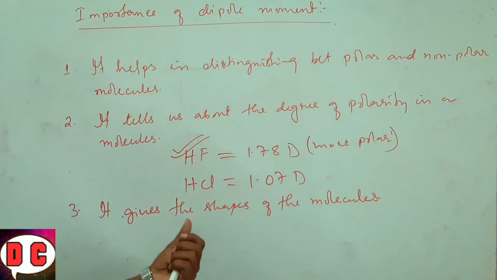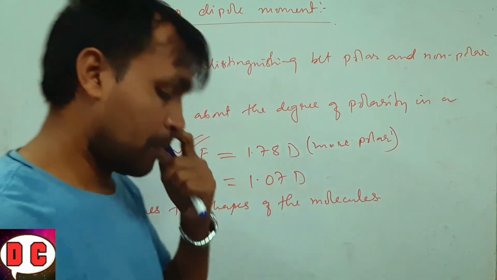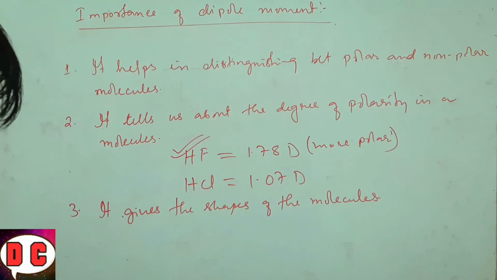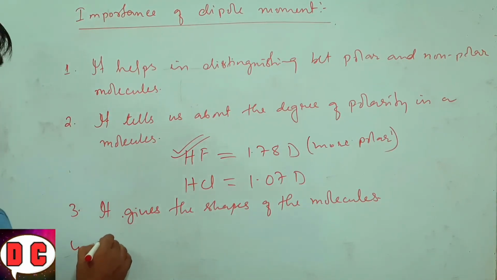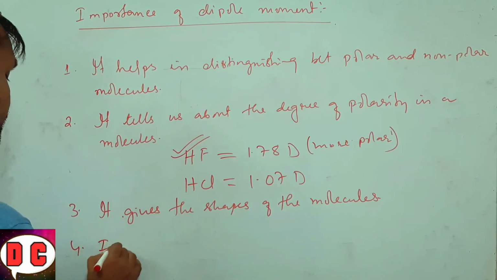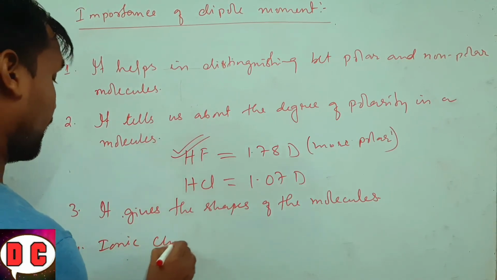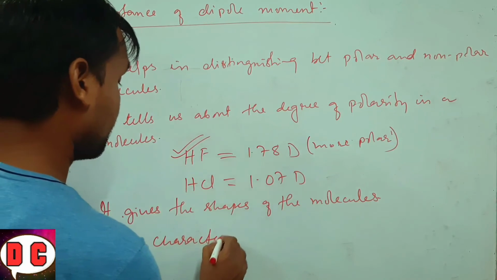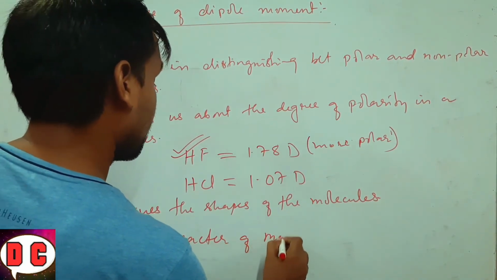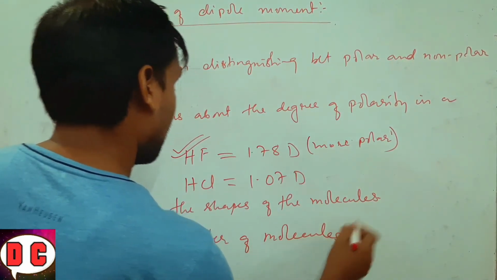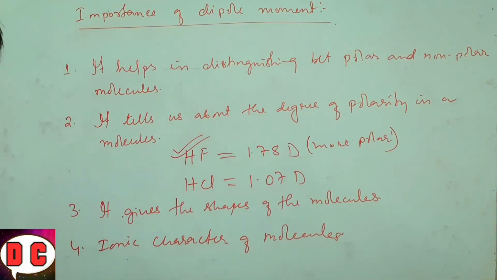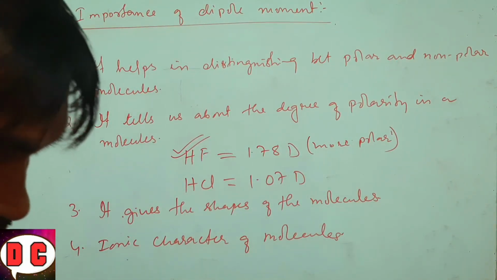Next one, the fourth one, it tells us about the ionic character of the molecules. So it gives us the information about the ionic character of the molecules.